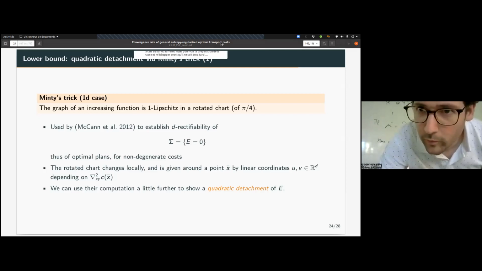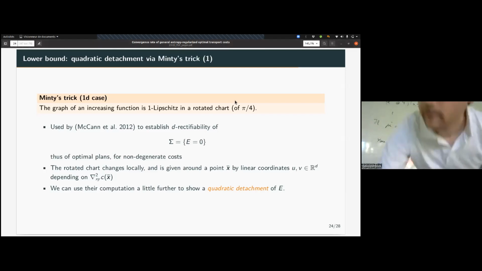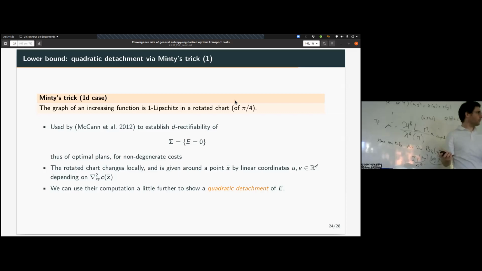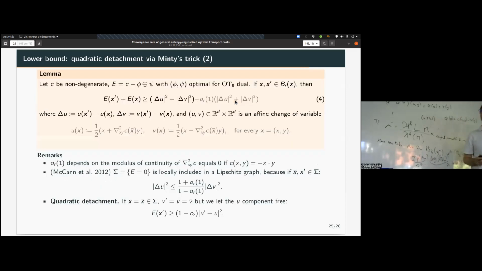In here the c-transforms are just the Legendre transform, the convex conjugate and Legendre transform. And when c is a bit more general, the rotated chart that you want to use changes at every point, and you can still make the computation work.